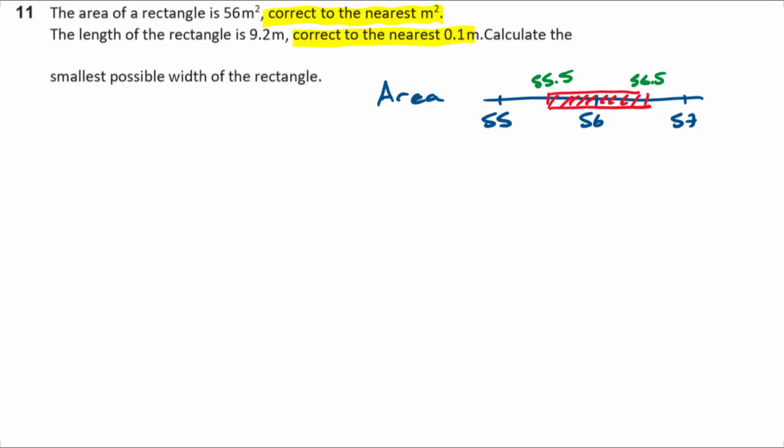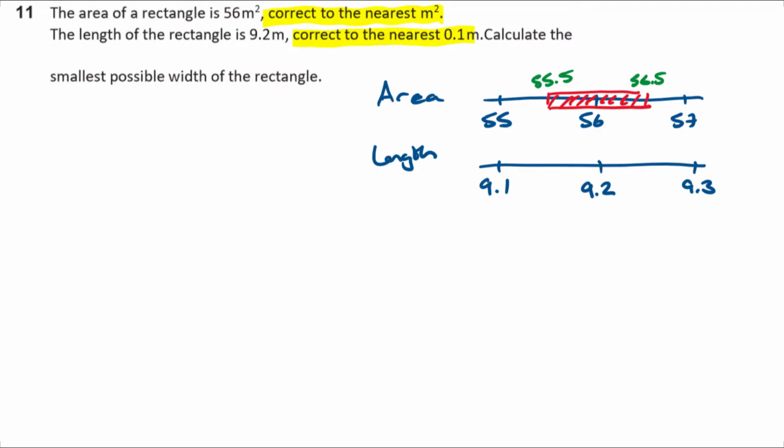Okay, now the length, similarly, if I draw a line, mark the one I've been given, 9.2, correct to the nearest 0.1 meter. So using that scale, the next number up on that scale would be 9.3, and one below would be 9.1. Okay, now, which numbers round to 9.2 correct to 0.1 meter?